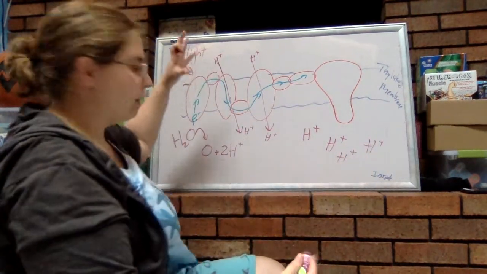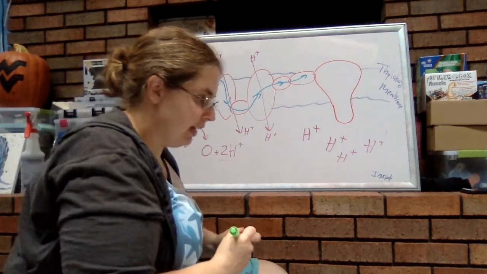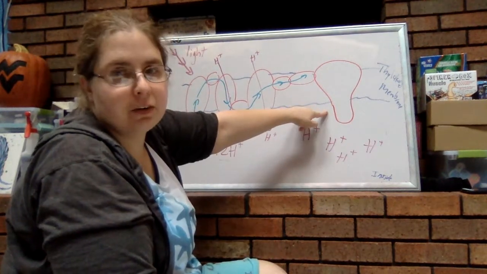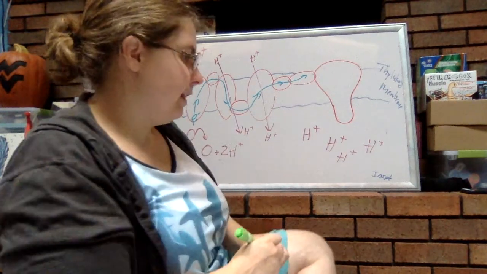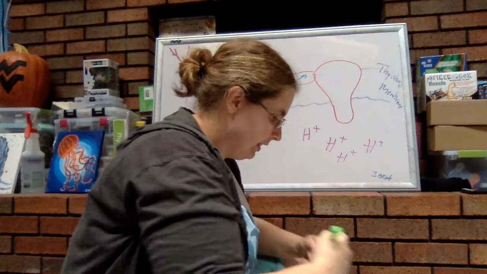So this is going to allow us to accumulate a whole bunch of these hydrogen ions. And that's because of this guy right here. He plays a major role. This particular enzyme is called ATP synthase.